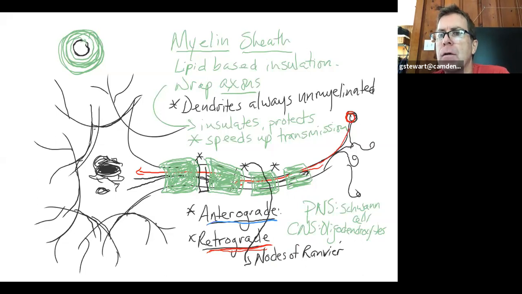So here's a node, here's a node, here's a node. And what we're going to find is when an impulse is generated at the axon hillock here, if this axon is myelinated, wrapped in insulation, the electrical impulse takes giant steps and it jumps from node to node. I'll talk about that process. That's what speeds up transmission.